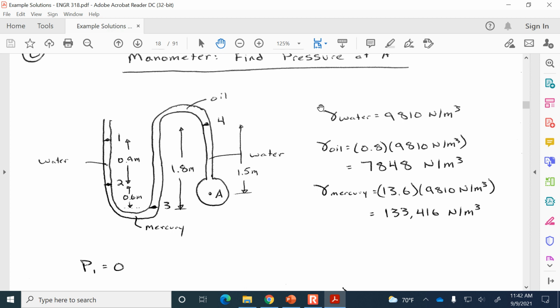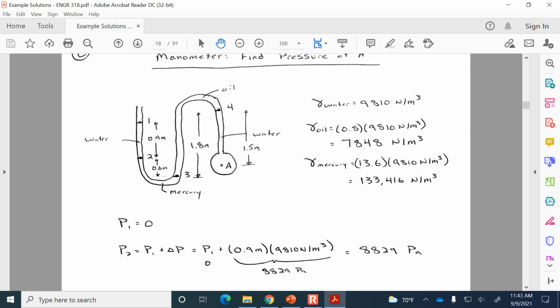All right, so we do these preliminary calculations off to the side here to get our unit weights that are going to apply. Water, 9810, oil, 80% of that, mercury, 13.6 times the unit weight of water. So we have those calculated and available for when they're needed.